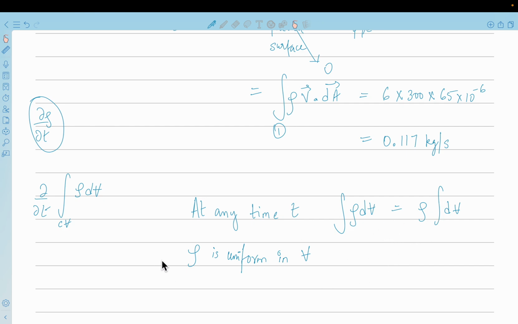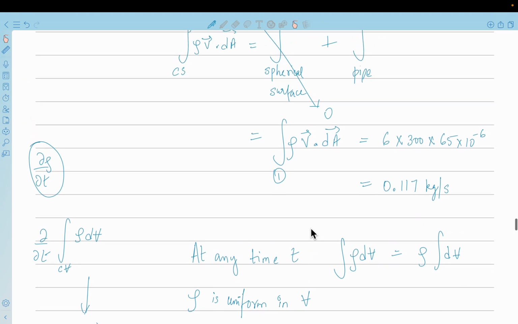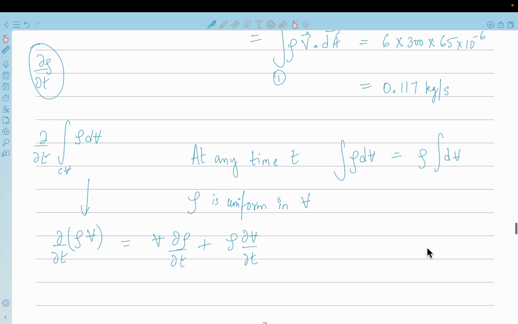So now this term becomes ∂/∂t of ρV, which is nothing but V ∂ρ/∂t plus ρ ∂V/∂t. But there is no change in volume, right? Because this is a rigid boundary. So this term is essentially 0.